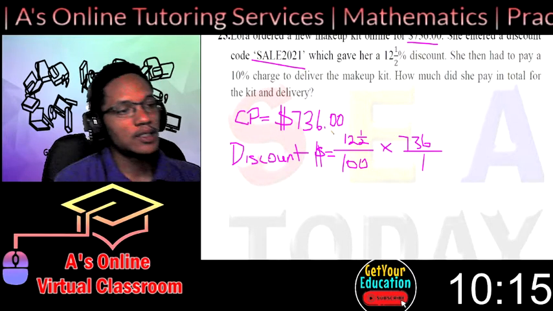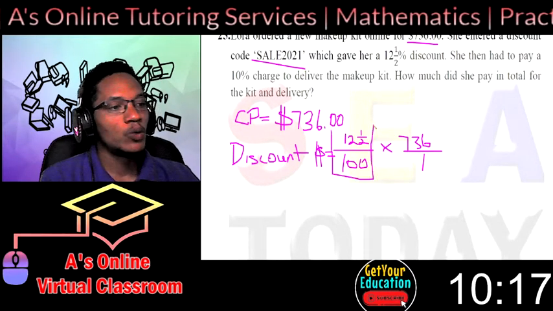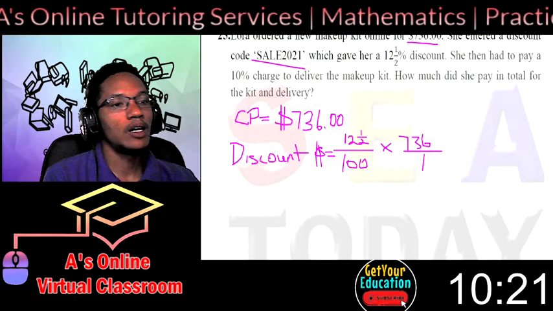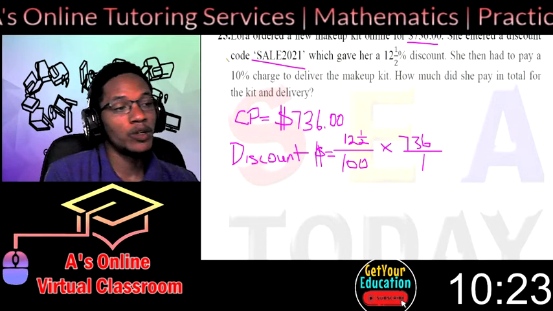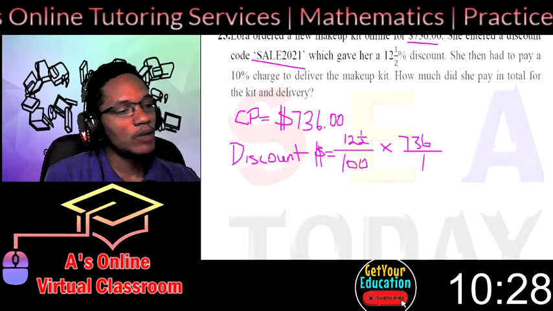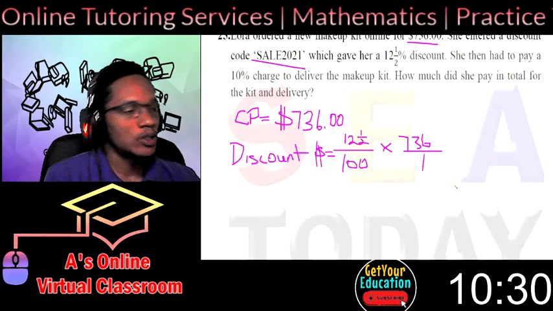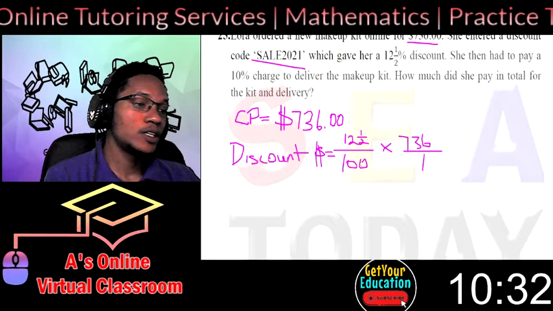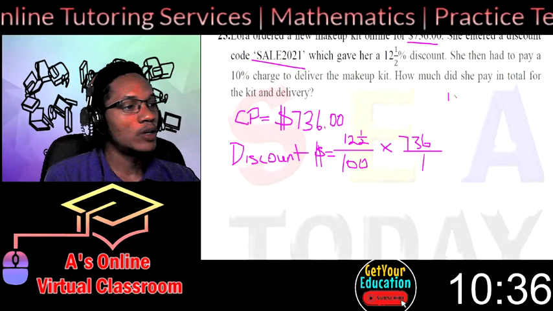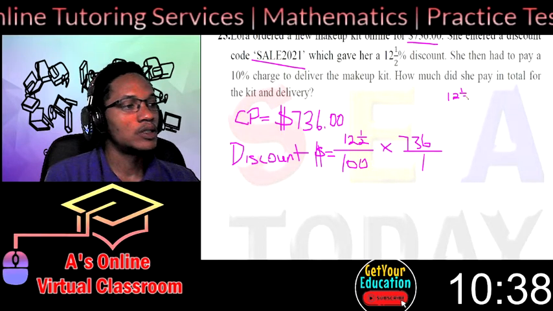Now, because this is an improper fraction on top, we could change this so that it's a number we could work with better. Right? So let's see, 12.5 over 100. Like we did just now, 12.5 over 100 means 12.5 divided by 100.